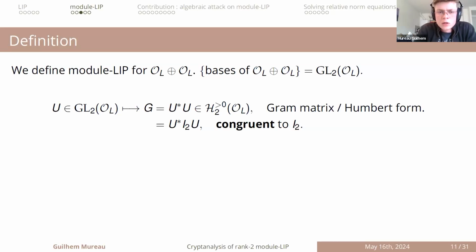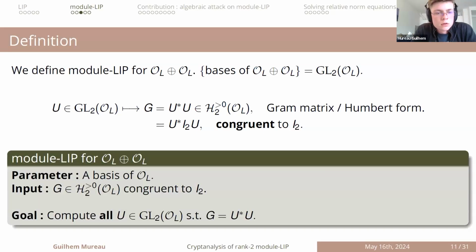It is given by U star times U. The star here is for transpose and conjugate. So you transpose the matrix and take the conjugate of all elements. It is Hermitian positive definite. And if you make the identity appear between the two U, you get what looks like a congruence relation between G and the identity, which you can see as the Gram matrix associated to the identity basis.